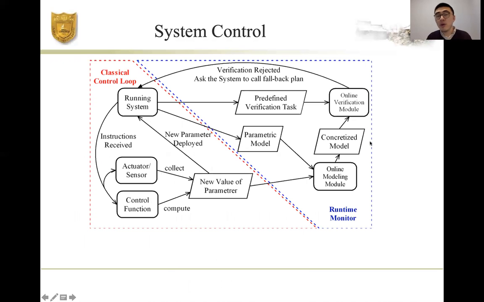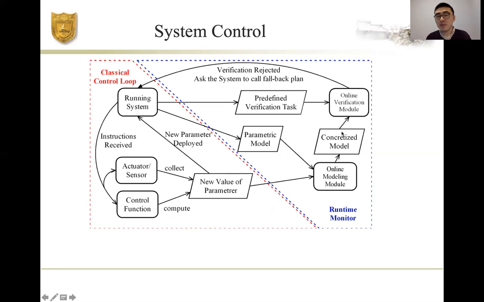But now what we do is introduce the right part, the blue part, which we call the runtime monitor. When you have a new value of a parameter, we put these parameters into the parametric model of the system. Then the online modeling module turns it into a concretized model.